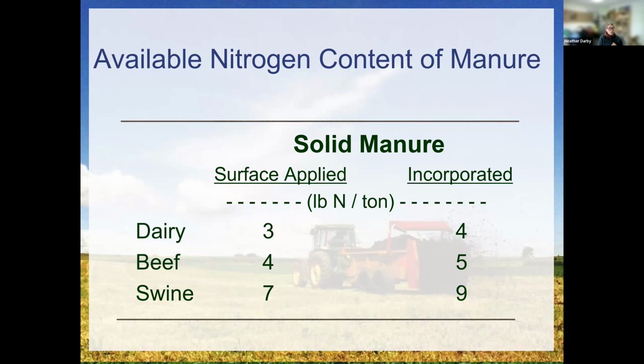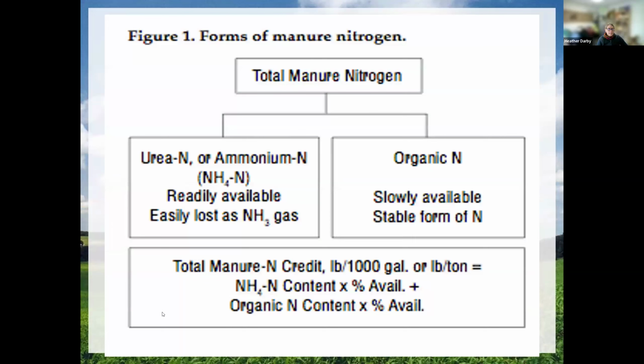So you will have more nitrogen available if you incorporate the manure than if you lay it on the surface. Okay, so let's dig into this a bit because it's not that simple, of course.